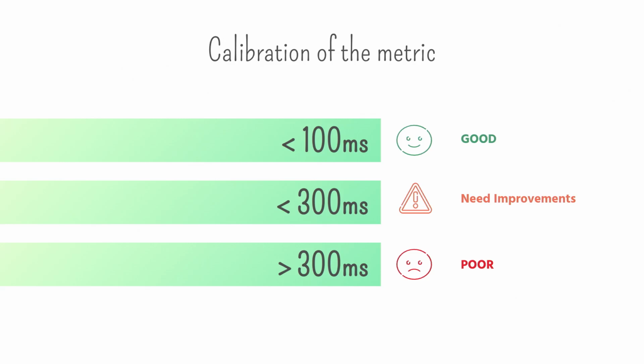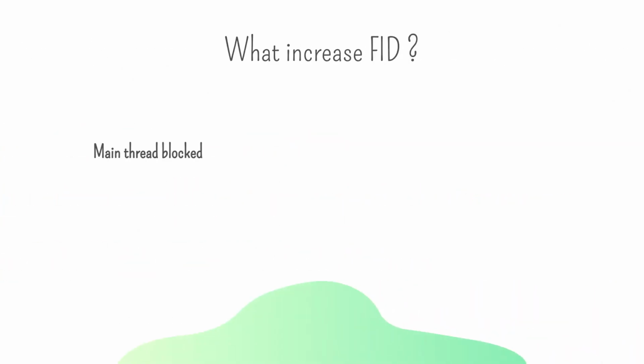And the first thing is the way you write your JavaScript code. So, what increases the FID? Main thread blocked. As you all know, in JavaScript we just have one thread. To overcome this problem, we created the famous event loop. But there is a lot of problems with this.